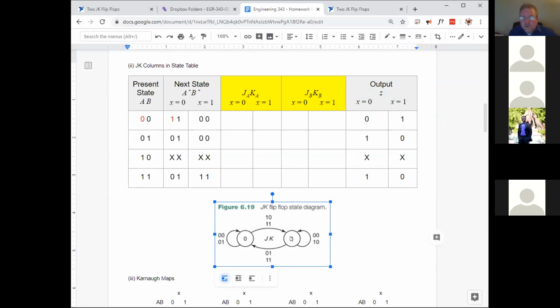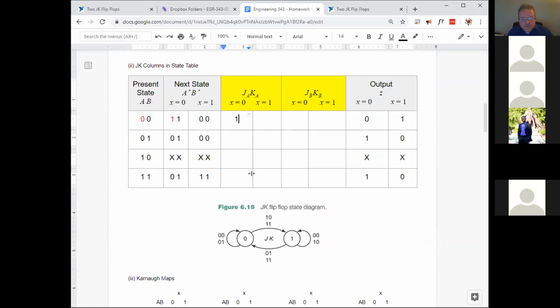I can let J be 1 and K be 0, or J be 1 and K be 1 as well. Either one of those for a JK flip-flop will get us from 0 to 1 if we're changing A like that. For that reason, what I can do here is put 1 and then X.